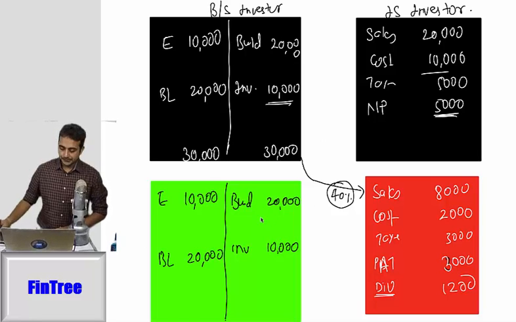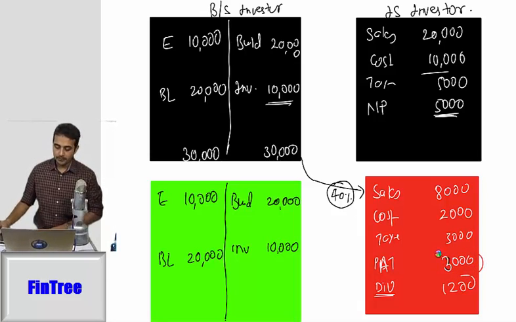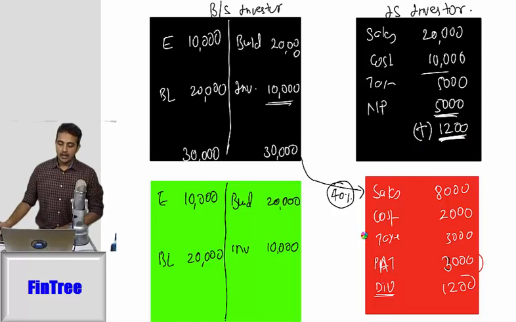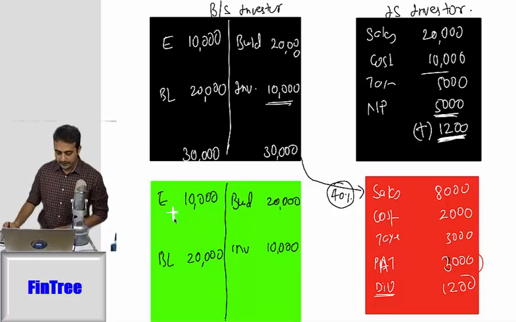Step number 1, we should get some benefit of these profits of 3,000. Since our ownership is 40%, our net profit will increase by 1200. Because your net profit increased by 1200, that 1200 will come onto your equities.